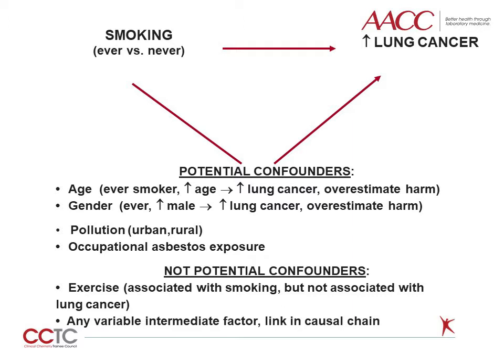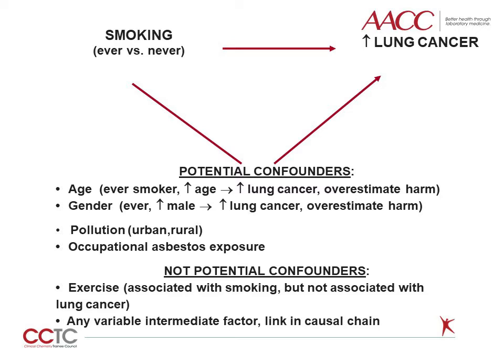Are smokers more likely to live in an urban area rather than a rural one? Are smokers more likely to have an occupational exposure to asbestos than the non-smokers do? If these are true, either more likely or less likely, and those factors are also related to lung cancer, which they are independent of smoking, those would be confounders we would need to take into account.